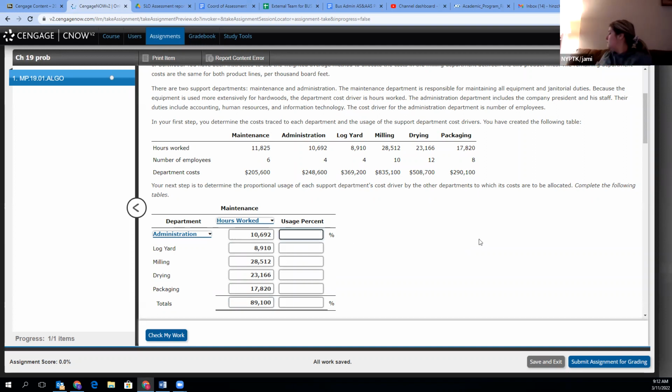So then to calculate our percentages, we're going to take each department and divide by the total. It does not say how to round that, so it may be that none of these need rounding.